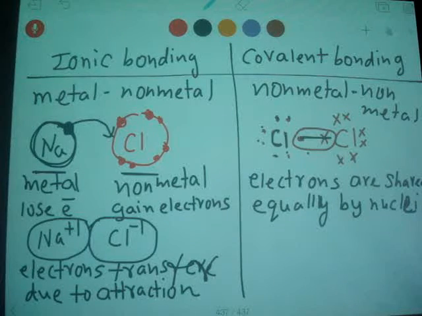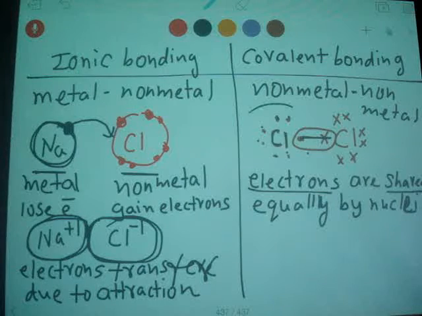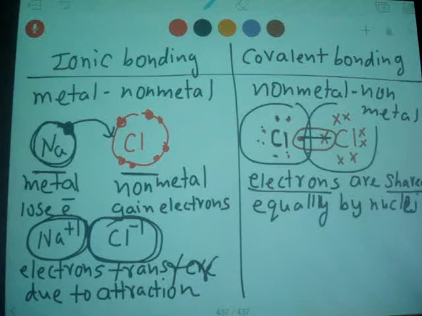Now remember, most ionic compounds possess positive and negative charge, right? So when you dissolve them in water, it gives what? Ionic solutions. They conduct electricity. They produce electrolytes, right? While in here, electrons are shared equally, so there is no positive or negative charge between them.